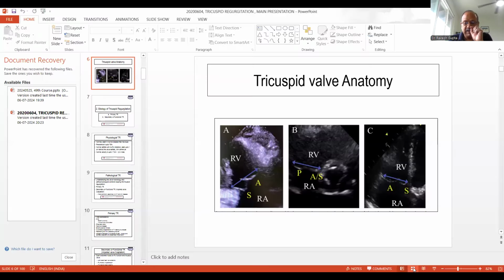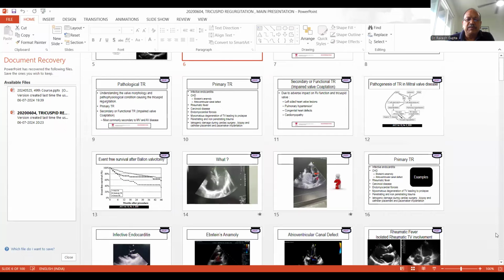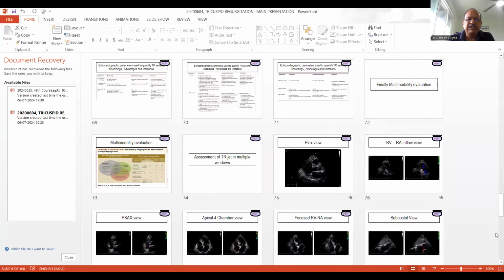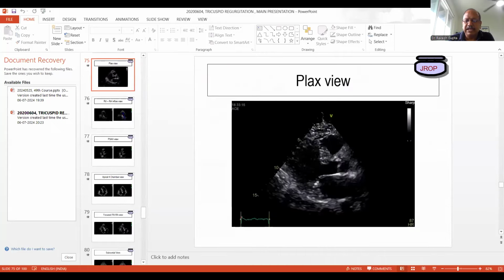The second question is the 5 windows of the tricuspid valve leaflet, where we evaluate the pathophysiology of the tricuspid valve. We have 5 windows. We do not see anything in the parasternal long axis window.